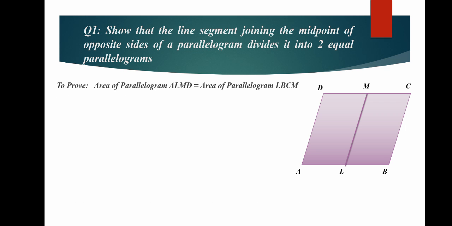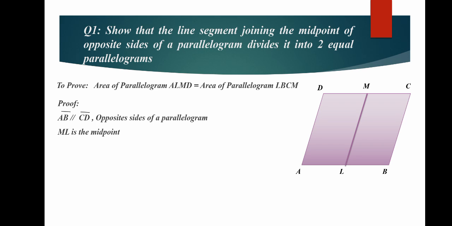For the proof statement, we will write area of parallelogram ALMD is equal to area of parallelogram LBCM. Then for the proof, AB is parallel to CD, and the reason is that opposite sides of a parallelogram are parallel to each other.